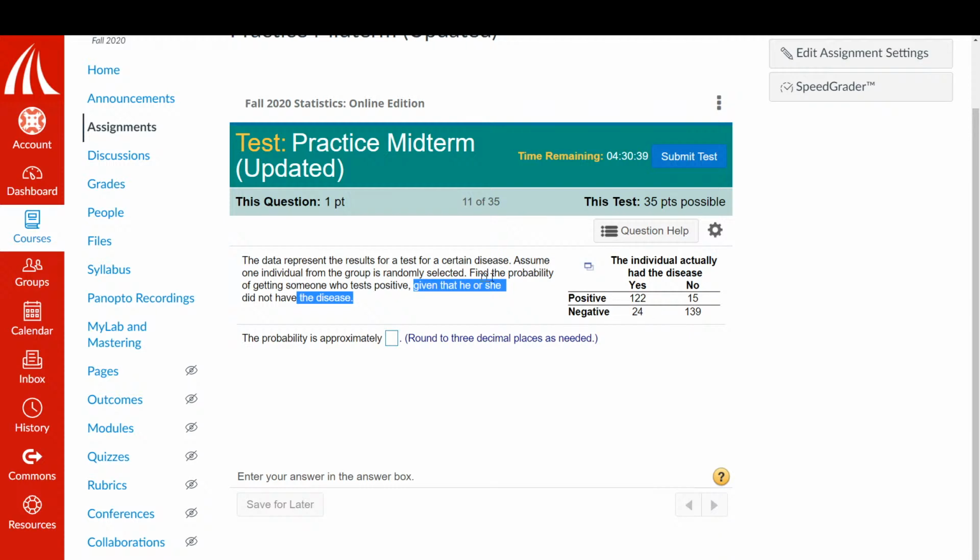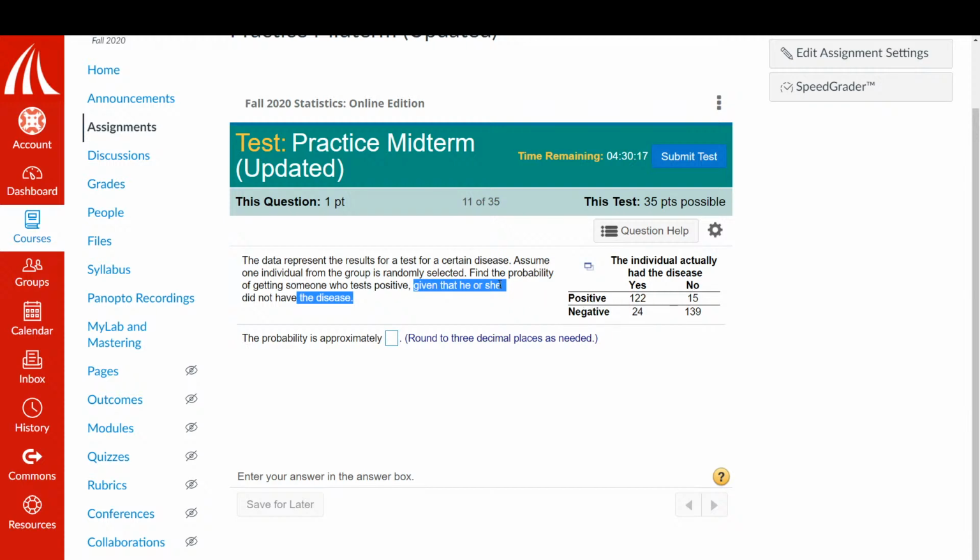So we simply have to find the probability of getting someone who tests positive, and they didn't even have the disease. So it's restricted. It's not going to be 122 out of the whole thing.